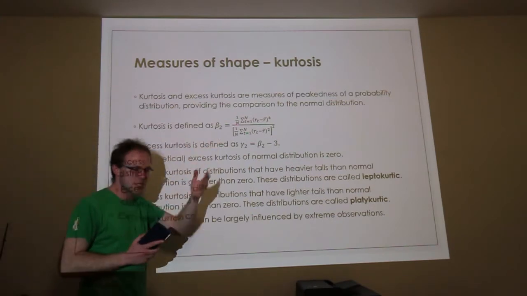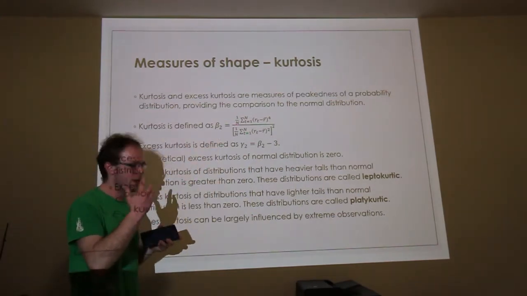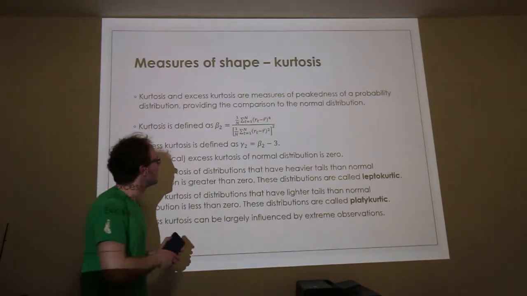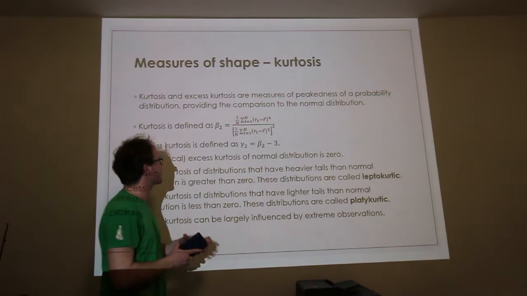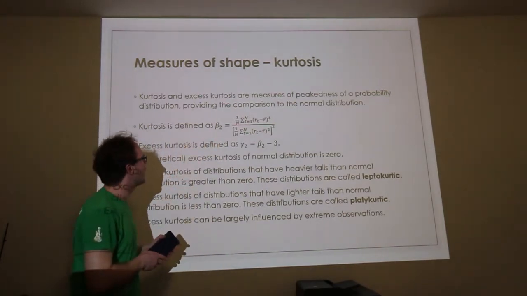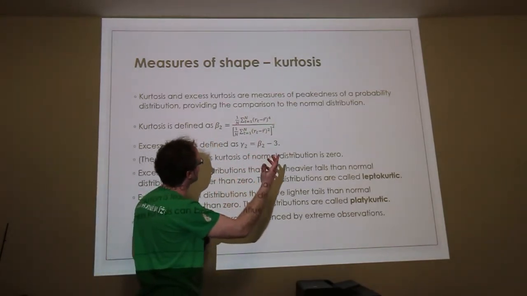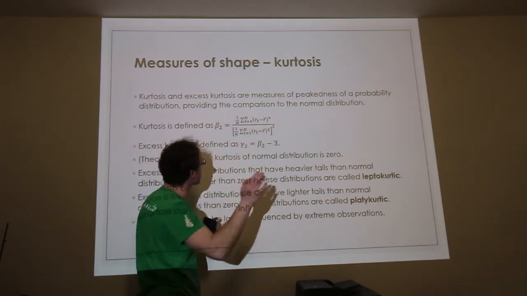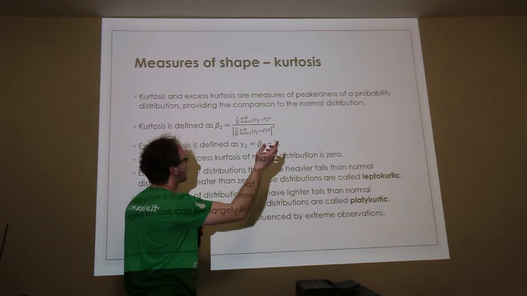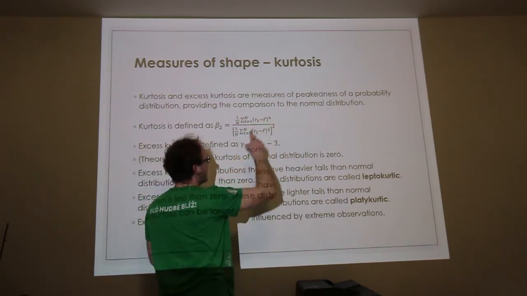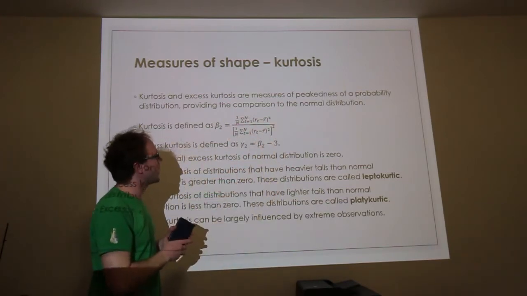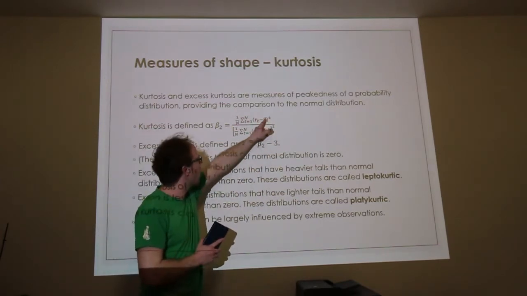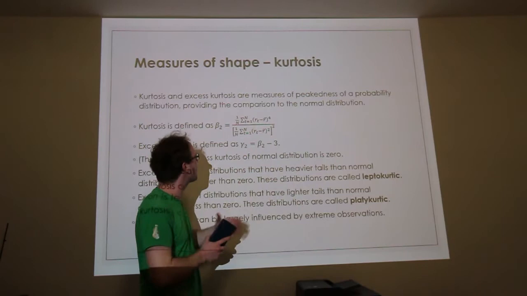Kurtosis is again a statistic, yes, which can be calculated on the basis of a data set. Can be denoted, for example, beta 2, and in the calculation you can see that it's not the same, but similar, because in the previous situation we had in the numerator the third power. Yes, now we have here the fourth power.